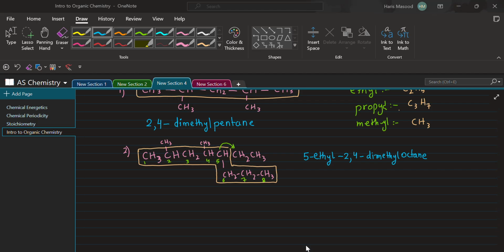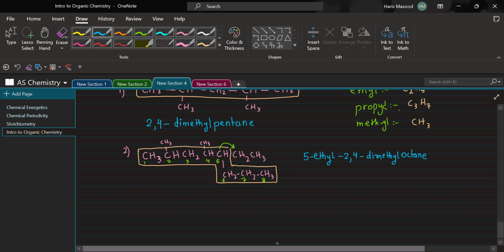Yes, ethyl, you're right. Now it is not necessary that the branching is given as the propyl group.